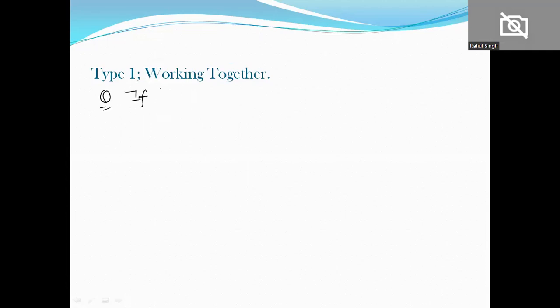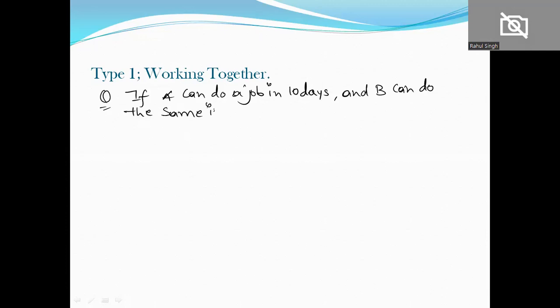If A can do a job in 10 days, and B can do the same job in 15 days, so in how many days can A and B both do the same job?